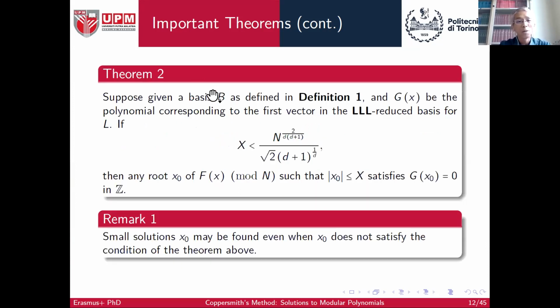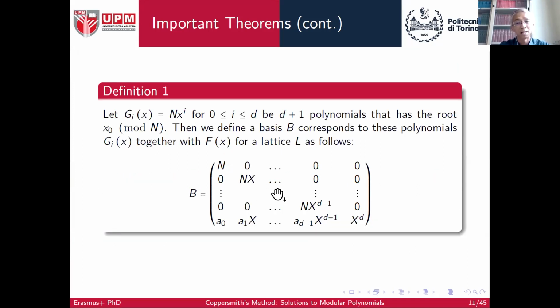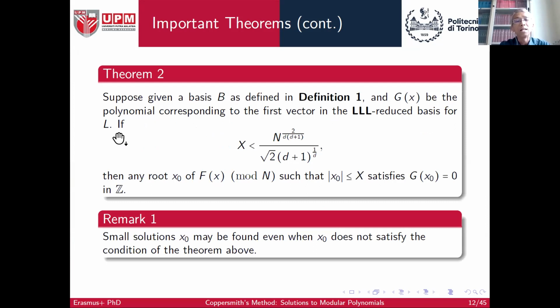And in the second theorem, suppose we are given the basis B as defined in definition one for this lattice L, and g(x) is the polynomial corresponding to the first vector in the LLL-reduced basis for the lattice L. Now, if this integer X satisfies this condition, then any root x0 of f(x) mod N such that x0 is less than X satisfies g(x0) equals 0 over the integers Z. Now, I put a remark here.